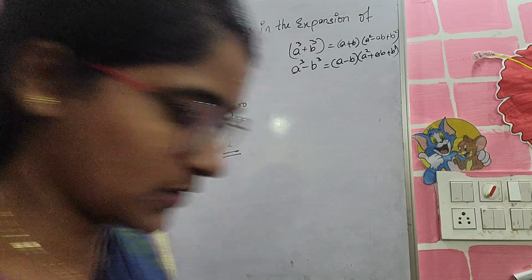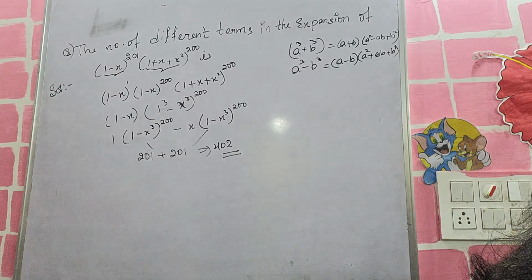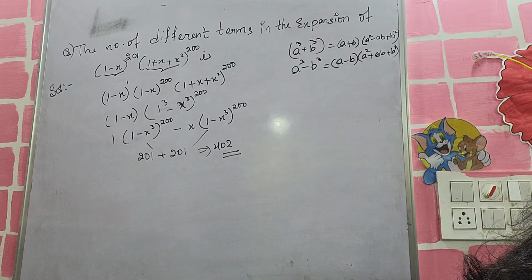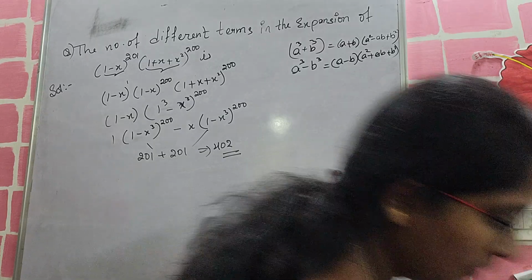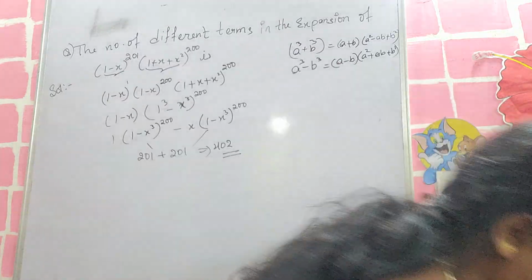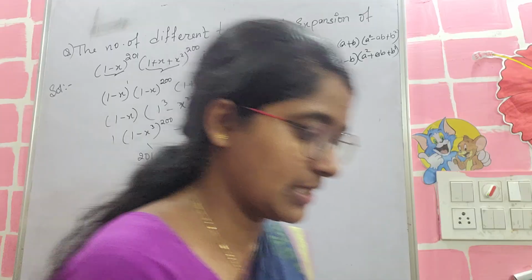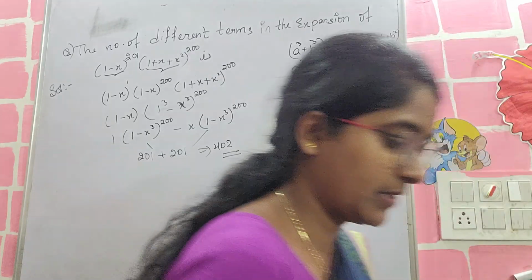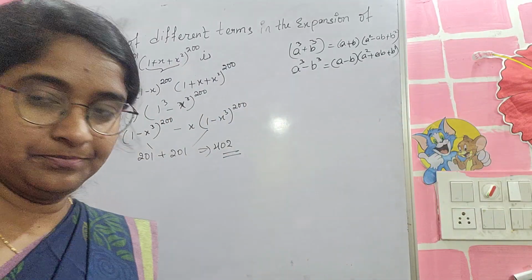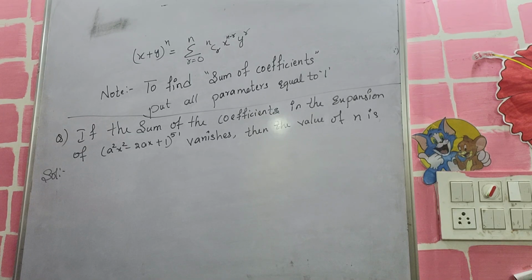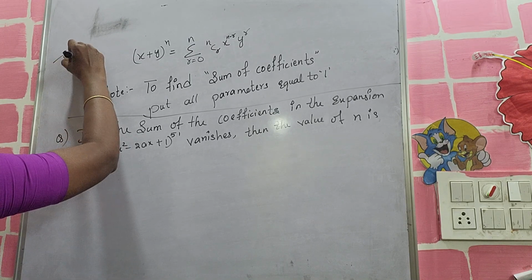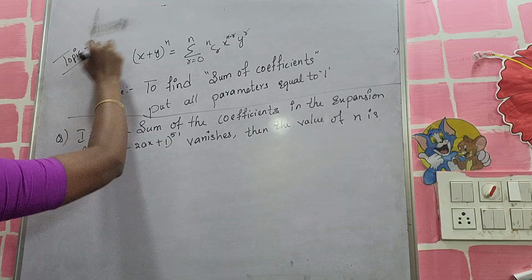So we'll do the next one. Next is a concept. Okay, so here is the second concept. I'll just write it and I'll explain it to you step by step. Here is a continued concept, topic 2.